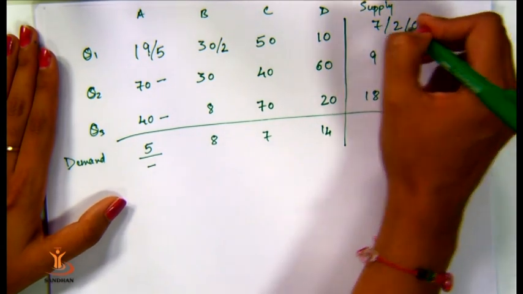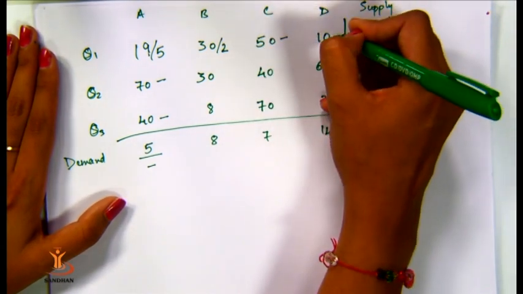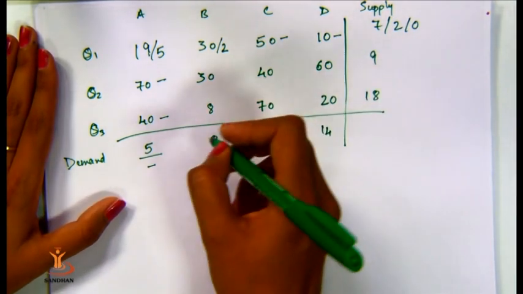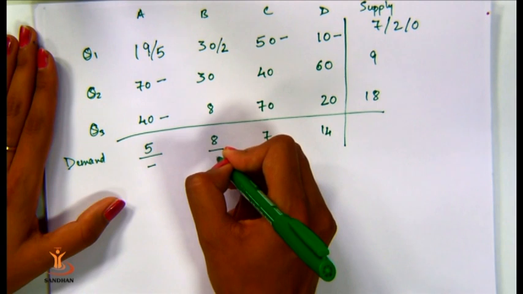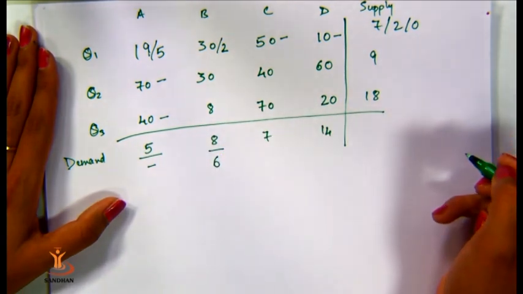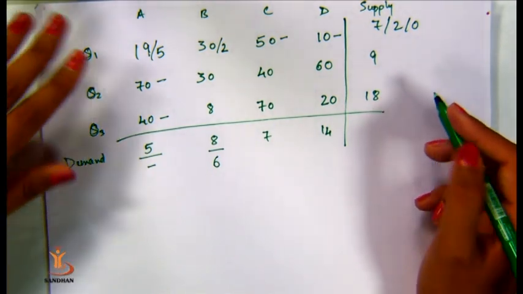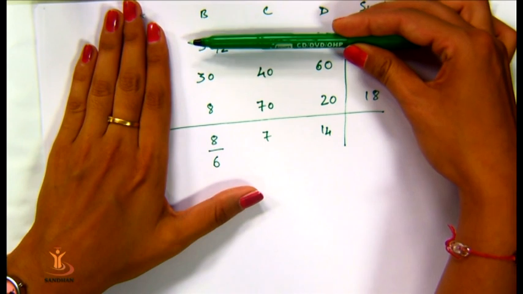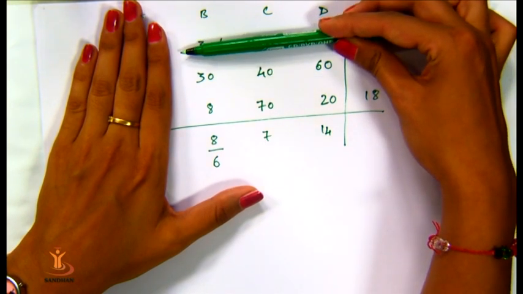So this origin cannot give any units to destinations like C and D. But here we are still left with 6 units of demand.